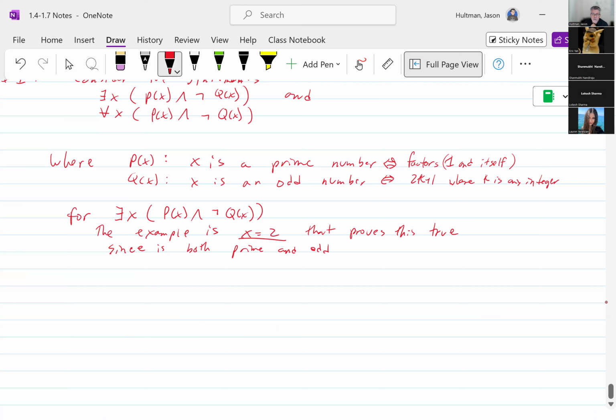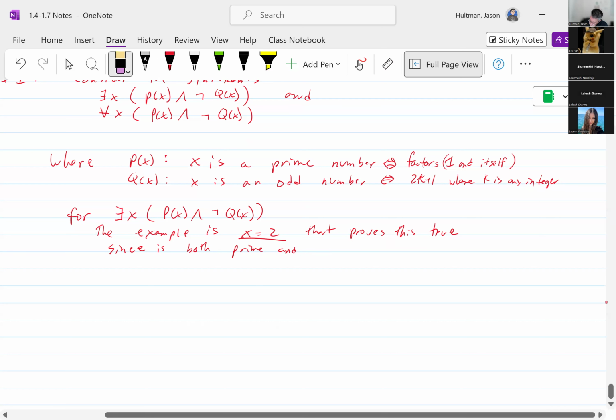Well, 2 has factors 1 and itself, but it's also not odd, which means that it's even. It's also even.